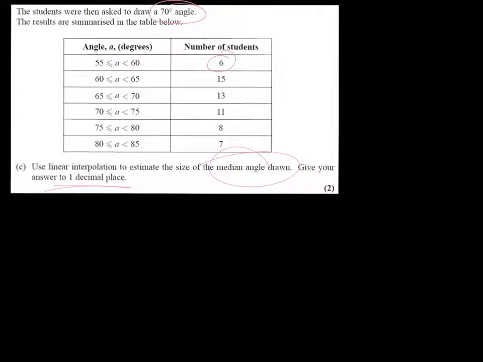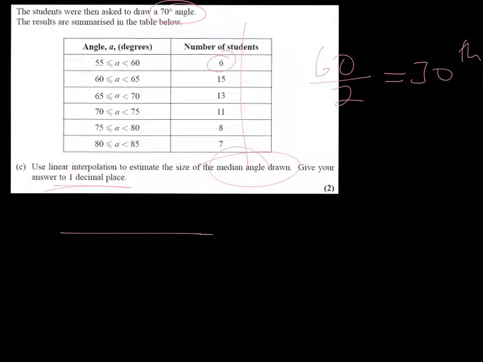So the key thing here is to start off with a diagram to help you figure out what's going on. So we need, first of all, to figure out where the median is going to be. So we know from the previous question that we have got 60 students. So if we want to find the middle one, 60 over 2 is going to be 30. So we want to find the 30th student. Now we can see that the first 6 are in here.